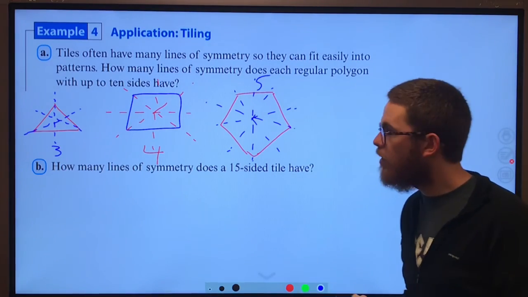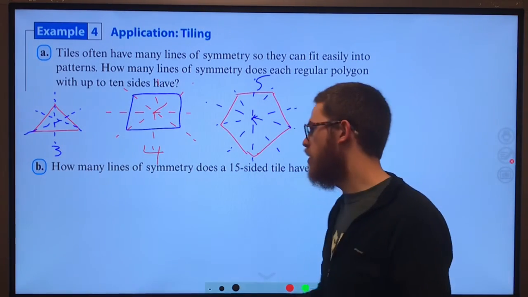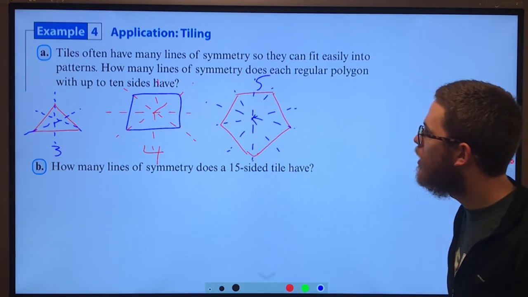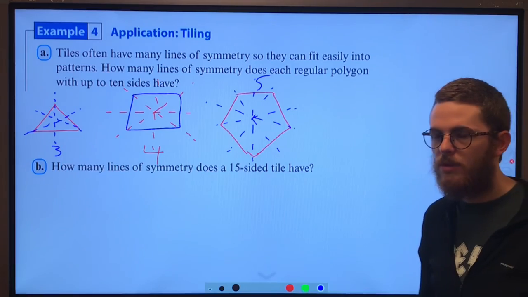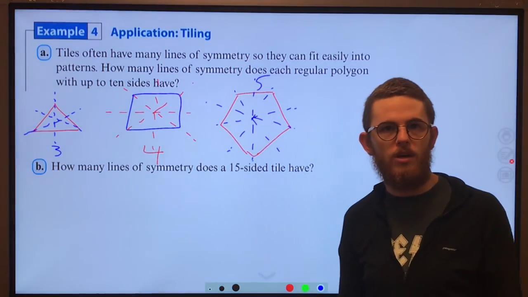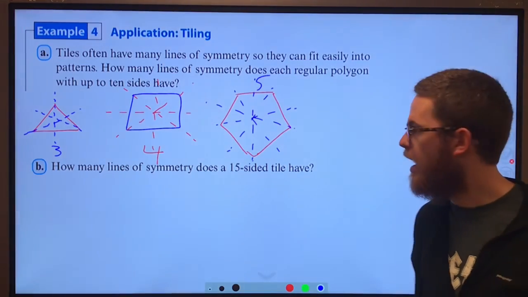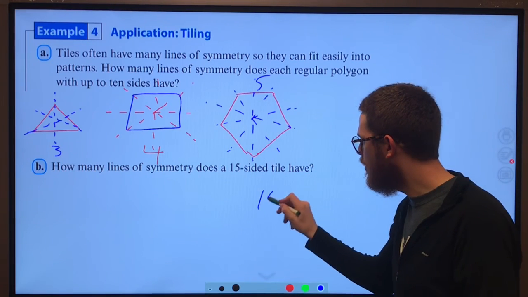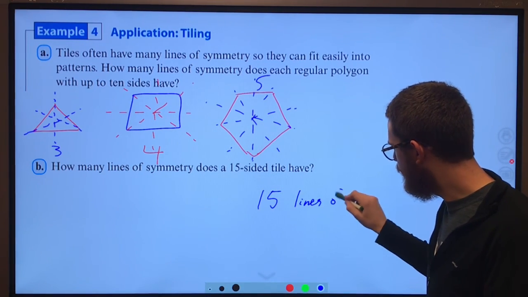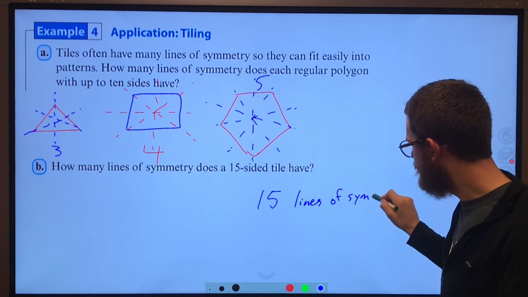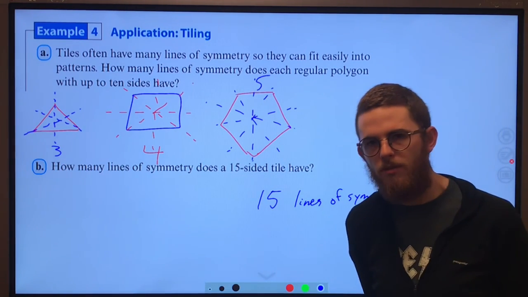If we see this pattern, 3 lines of symmetry on a triangle, 4 lines of symmetry on a square, 5 lines of symmetry on a pentagon, they have the same number of lines of symmetry as the number of sides that they have. So a 15-sided tile has 15 lines of symmetry. Feel good about that.